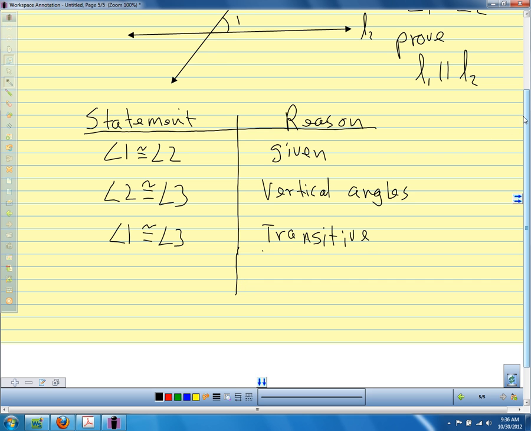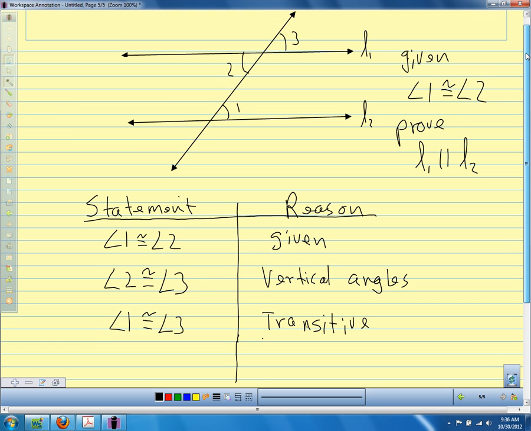Now finally, let's look at angle 1 and angle 3. So looking on the first side of your graphic organizer, the side that we finished on Friday, what did we call angles that line up like angle 1 and angle 3? Yes, they are corresponding.